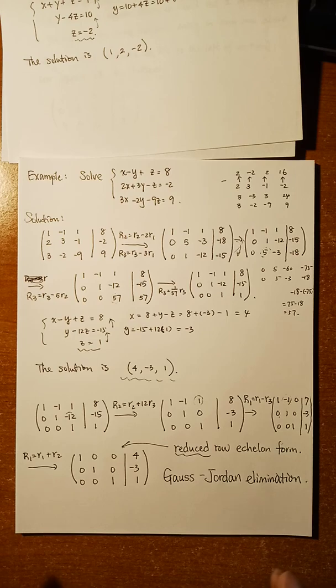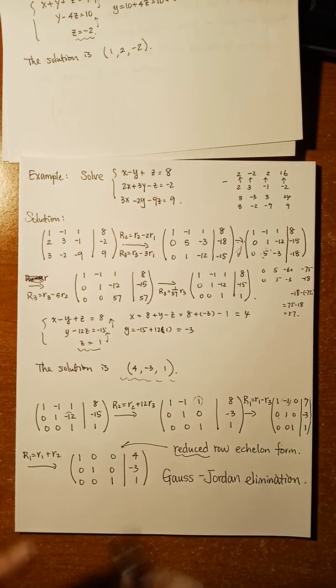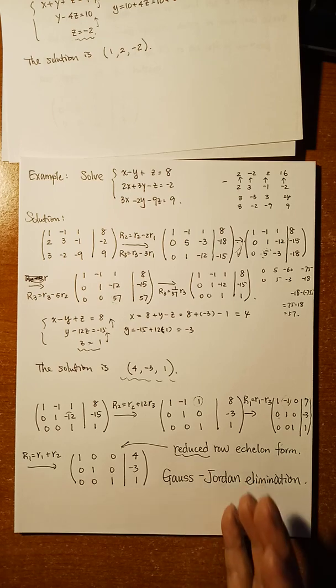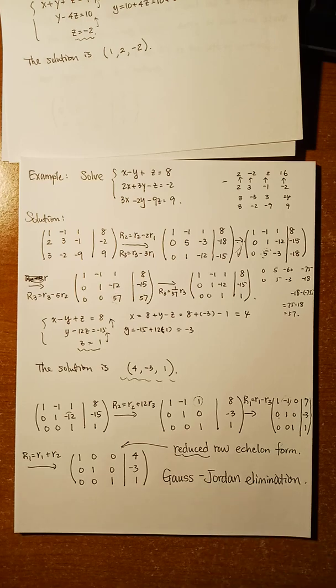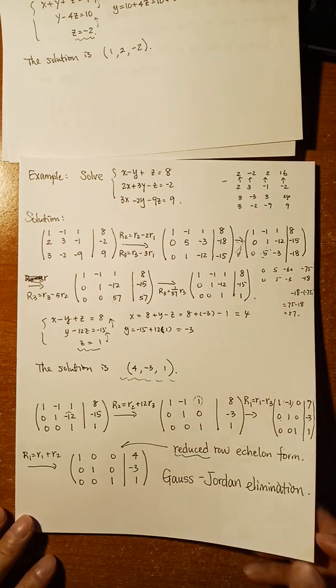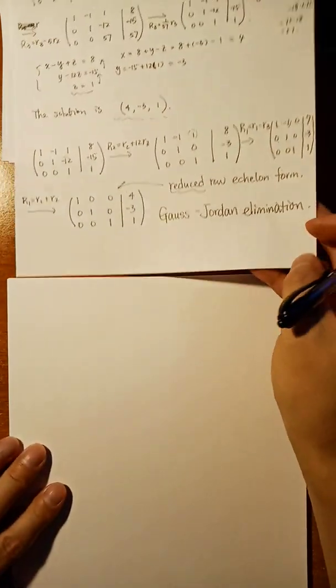In this example, we have a unique solution, and this is actually all. This method can also tell us when the system has infinitely many solutions or no solutions. It's not just for this special case. It works for all the cases. Okay, let's see more examples. We will do more examples.